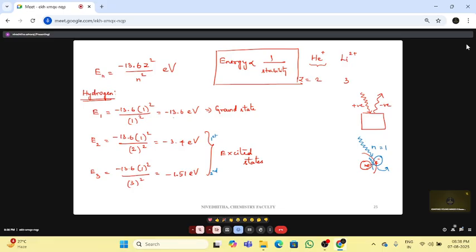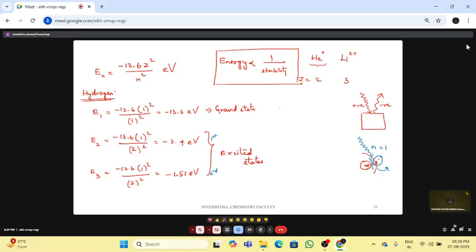It is the same as the energy of the electron. See, if the electron is present in the first shell, the energy of the electron is 13.6. So I have to apply the same amount of energy on the electron to remove it from the first shell.